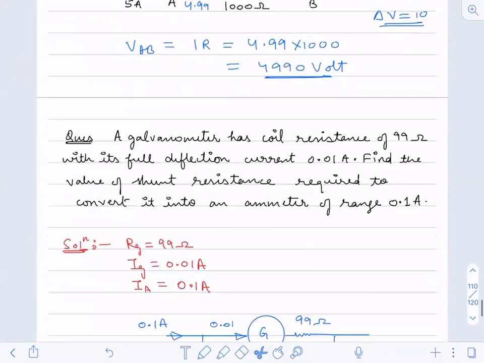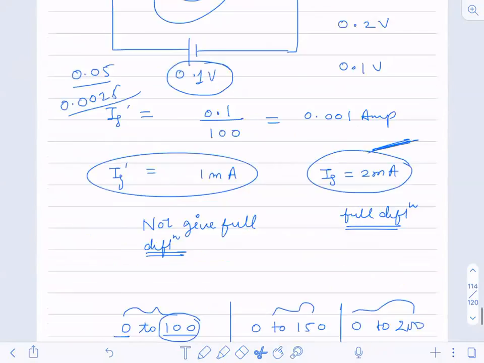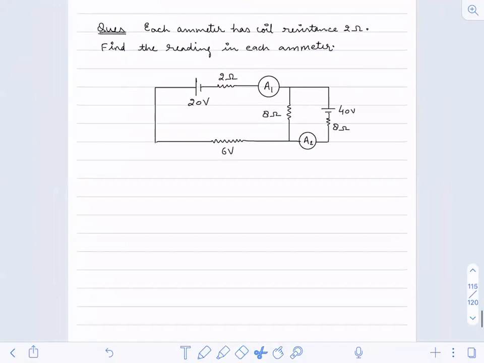Okay, so we have done this problem. Just take the screenshot of this. This will be the homework for today. This is a homework question for today. Take the screenshot of this.